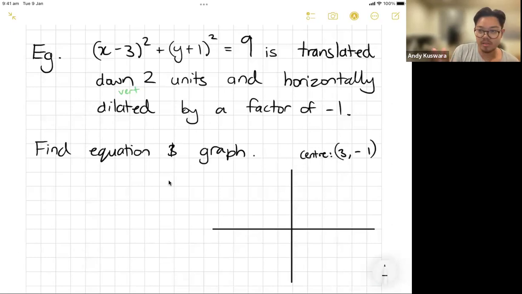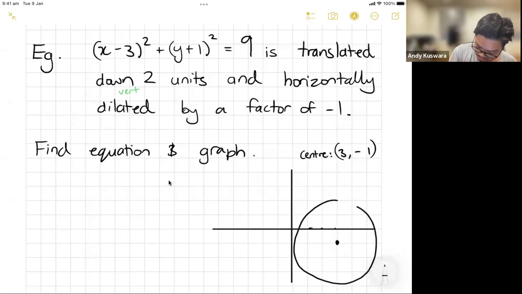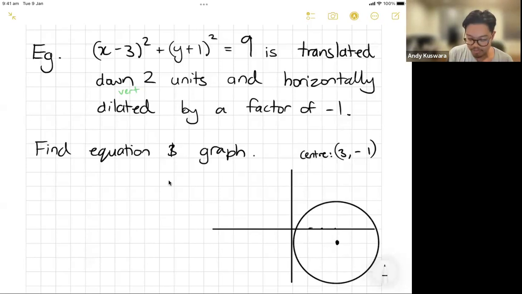If you need to recap that, watch my circles video or further graphs from year 11. That'll explain that. Your center is (3, -1), so let's try to keep it roughly to scale. We have a radius of 3, so something like that is going to be our circle.